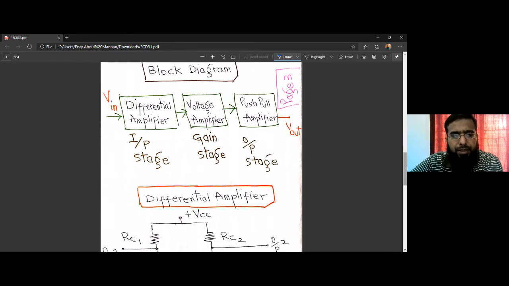So we have these three stages: the input stage, followed by a gain stage, and finally the output stage, that is actually a current amplifier. This is a voltage amplifier. This stage is a current amplifier.